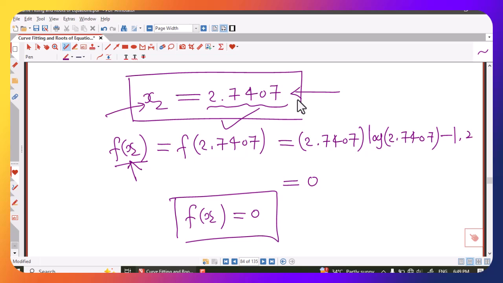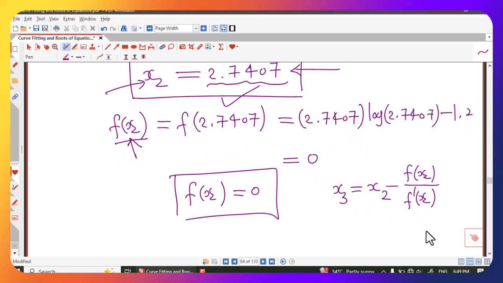If you wish, you can put this value in the formula of x3 also. Next iteration will be x3 equal to x2 minus f of x2 divided by f dash x2. Now because f of x2 equal to 0, this term is going to be 0.